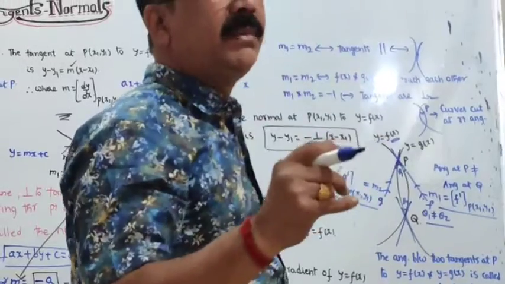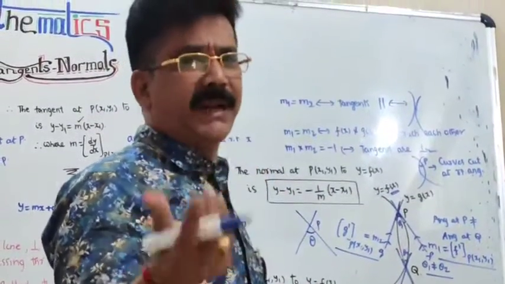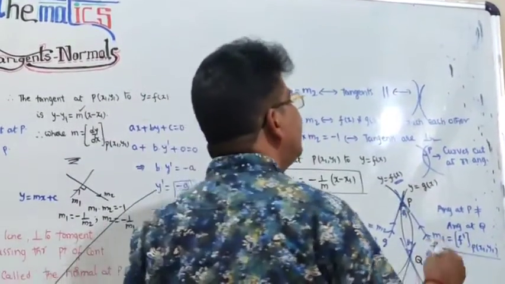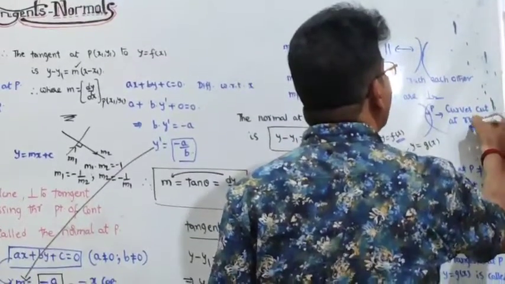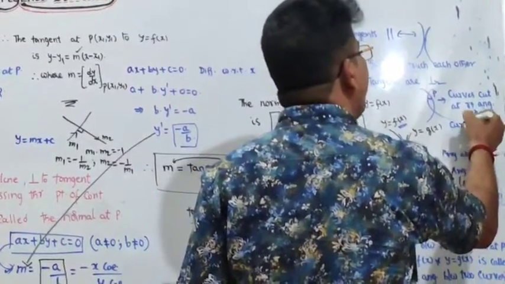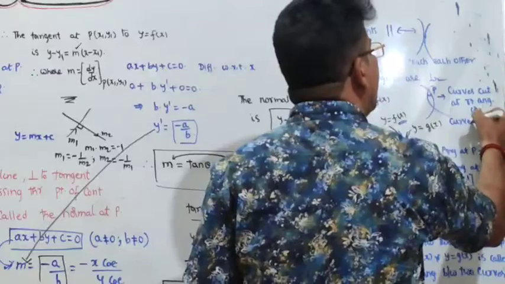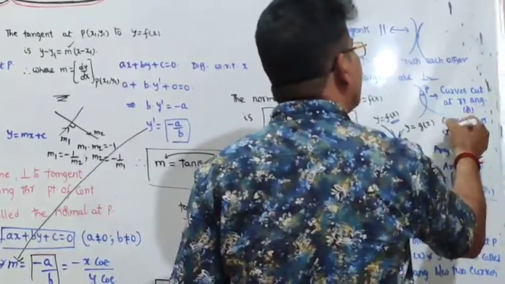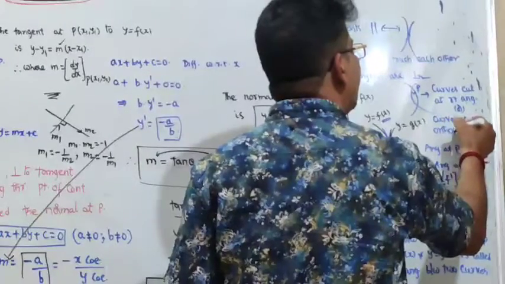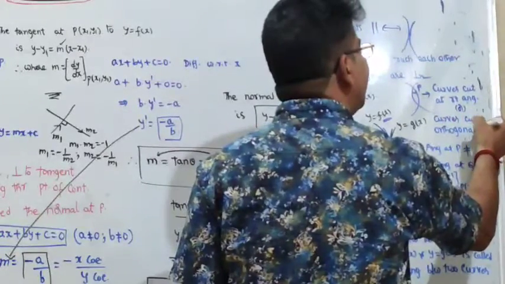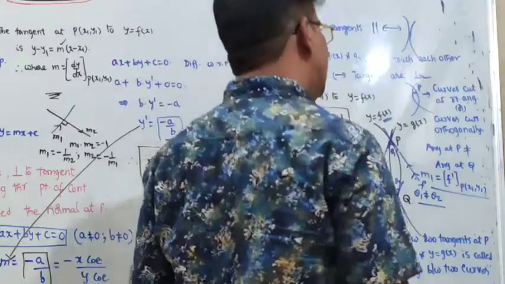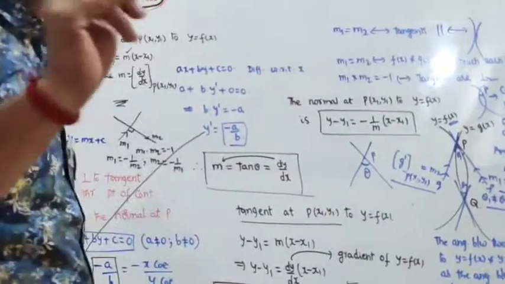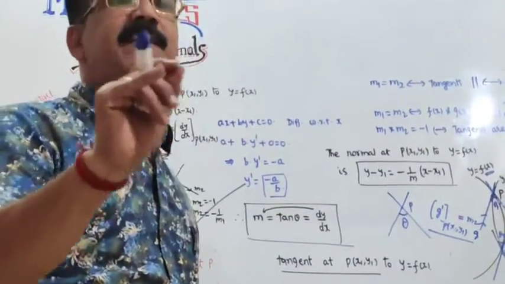Means the angle between the two curves is 90 degrees, or we can say that the curves cut orthogonally. Understand? So, simple.